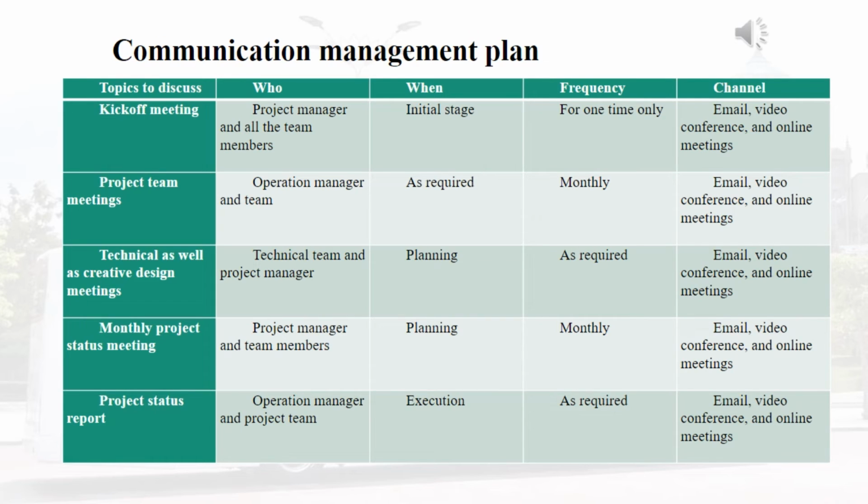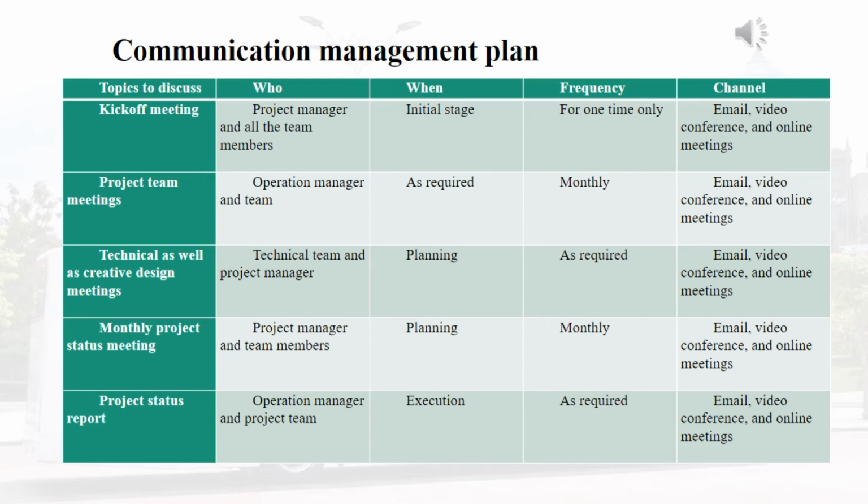The fourth meeting is the monthly project status meeting that will involve the project manager and team members, during the planning stage, at a monthly frequency, and the channels of communication are email, video conference, and online meeting.